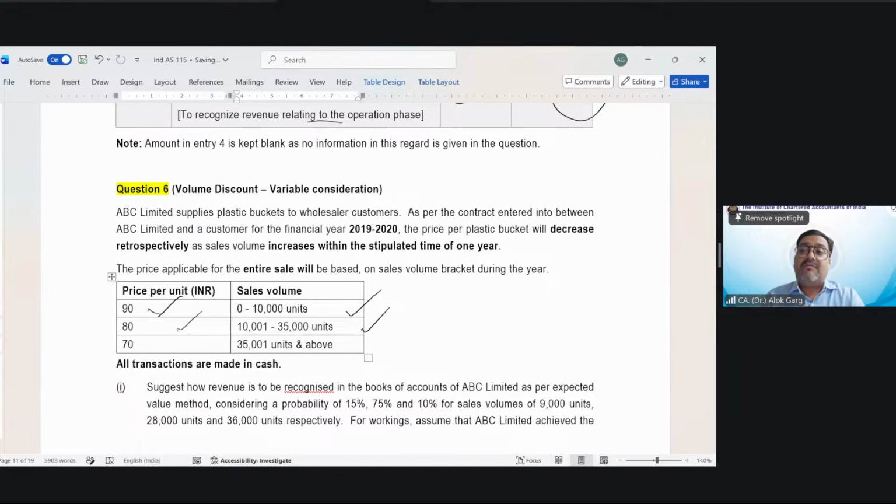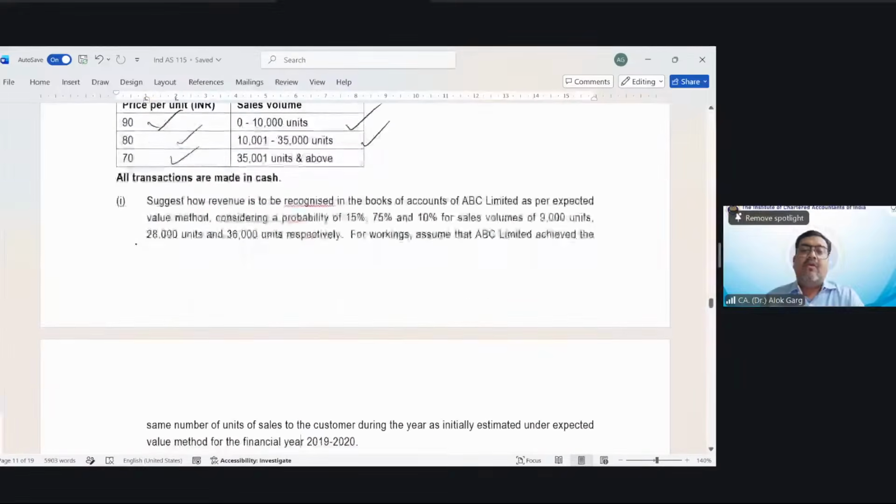If the customer purchases more than 35,000 units, the applicable price for these entire units will be 70 rupees. All transactions are made in cash.